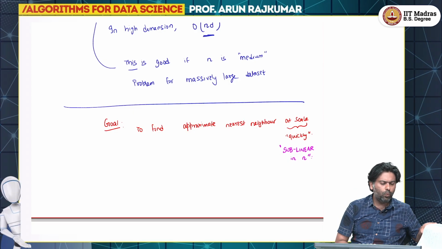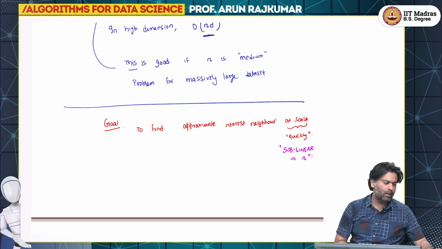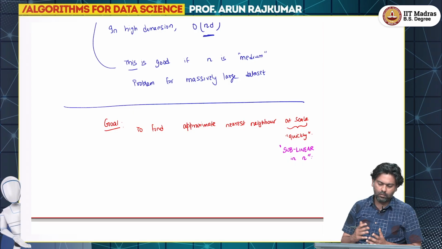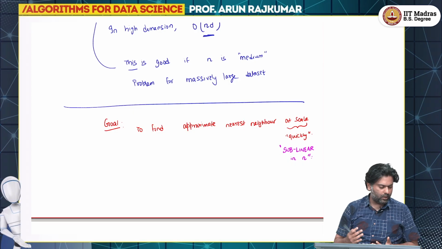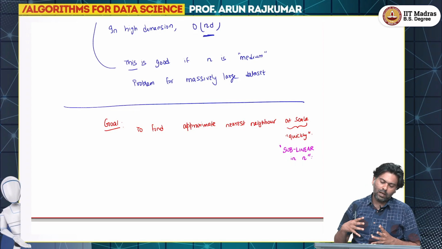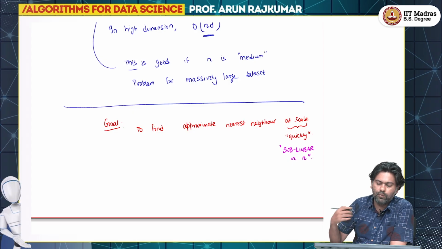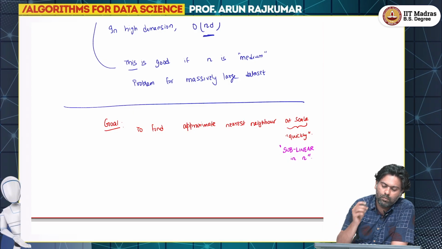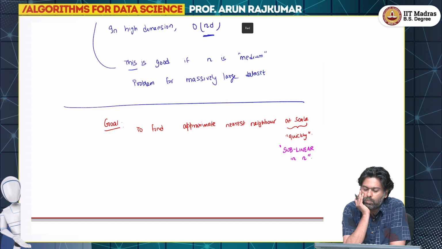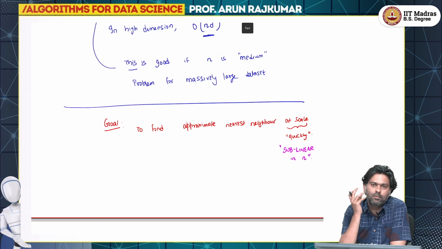Now, where is this intuition coming from? We want to ask, is this even possible, right. We are going to not look at some points, but then those points may be the nearest neighbor, and we are missing them out, right.